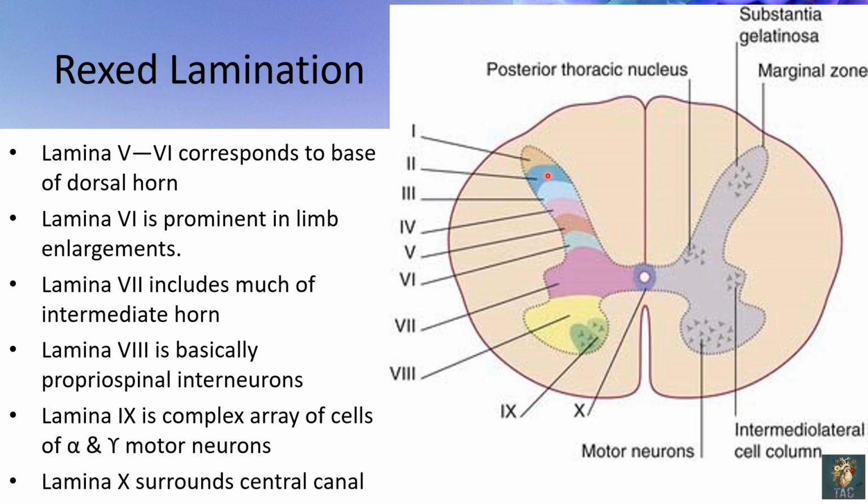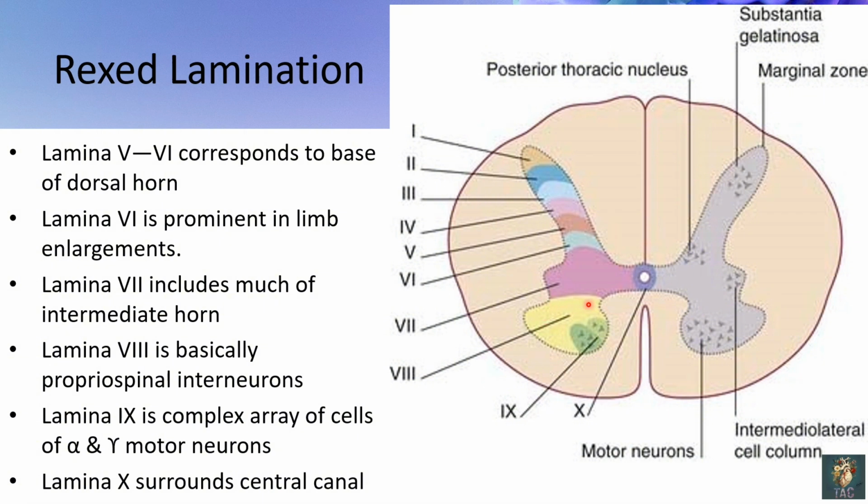So remember, the first 4 laminae correspond to the dorsal horn. They are sensory. Lamina 5 and 6 are present at the base of the dorsal horn. Lamina 6 enlarges in areas where there is enlargement for the limb. Lamina 7 is related to the intermediate horn, especially where there is enlargement for the autonomic nervous system.